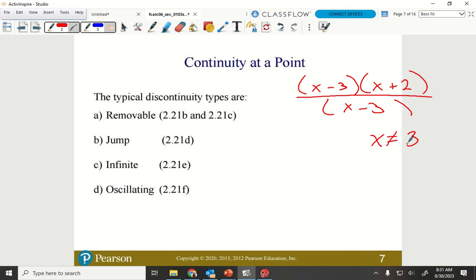Can I have 0 here? I can't have it in the bottom, can I? So I cannot have it in the bottom because that is going to be undefined. So therefore, that factor being able to cancel out is going to be a removable discontinuity there. So this is an example of a hole. I removed it, that's still a hole. It's a hole in the trap.